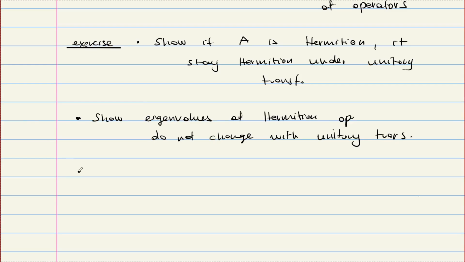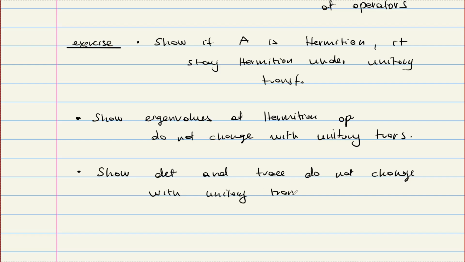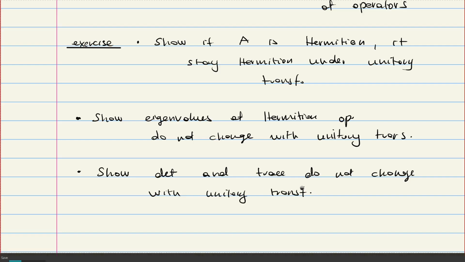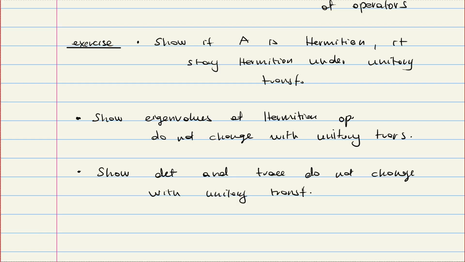And more importantly, show that the determinant and trace do not change with unitary transformations. Good. Let me close this, and I want to start the next chapter, which is going to be basically examples of these matrix representations.